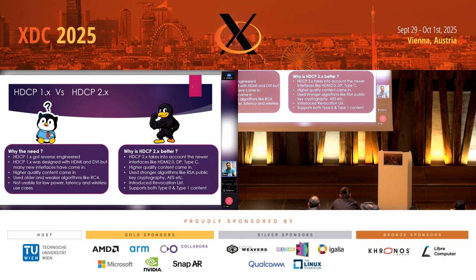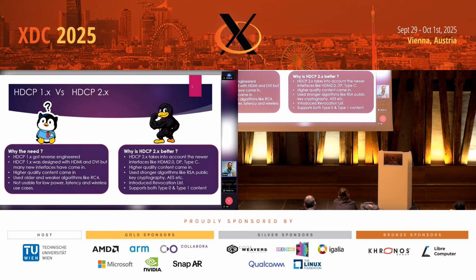But we had already started, everybody started feeling the need for a better standard for content protection. The reason was HDCP 1.x was created with HDMI, DVI, all these old connectors in mind. So it didn't take into account the increase in bandwidth that came on later or the high resolutions that came on later, which also explains why it was not working well later on.